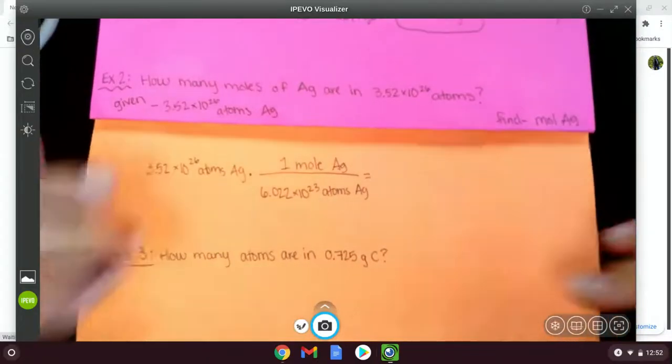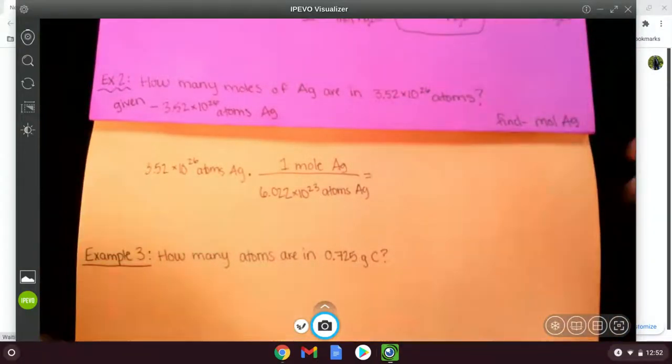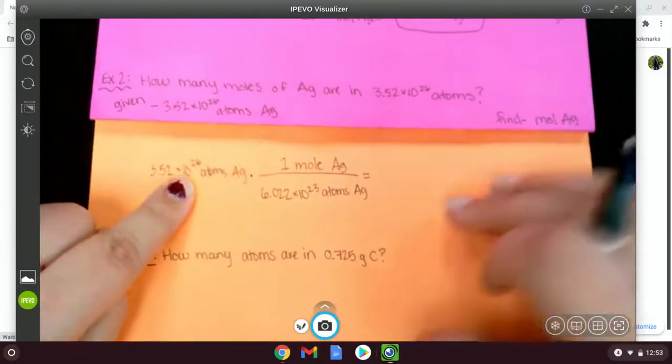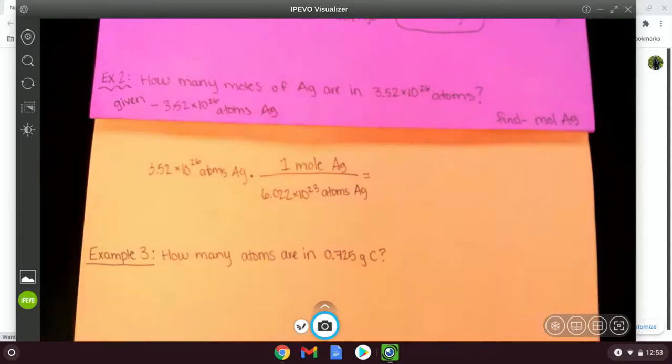Remember, from the flow chart at the top, we know that we are going from atoms to moles and we need to divide our given by Avogadro's number. So let's do it.